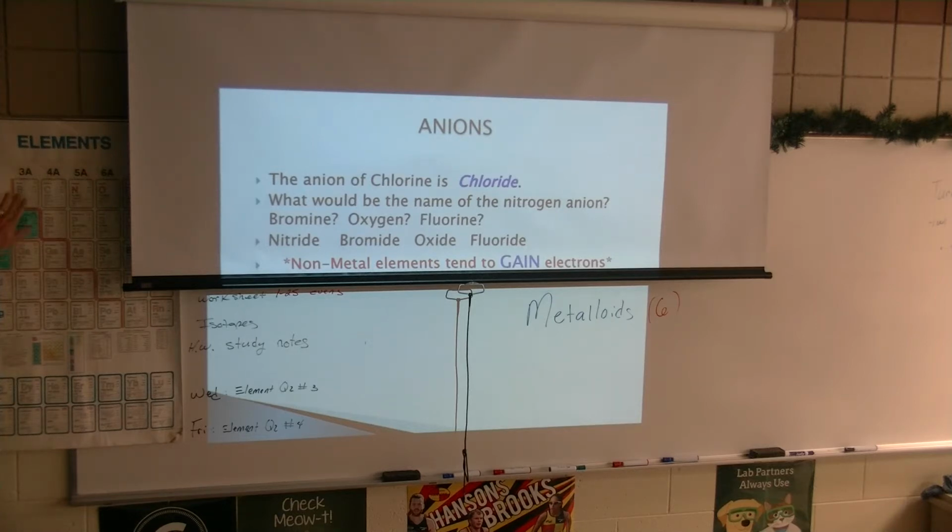So we have boron, silicon, arsenic, and tellurium. So the ones that are touching the staircase. And underneath of that, underneath the staircase, we have germanium and antimony. Okay, so boron, silicon, arsenic, and tellurium are on the right side of the staircase, so they're going to tend to have more non-metal characteristics. Okay, they have both, but they tend to be more non-metal in character.